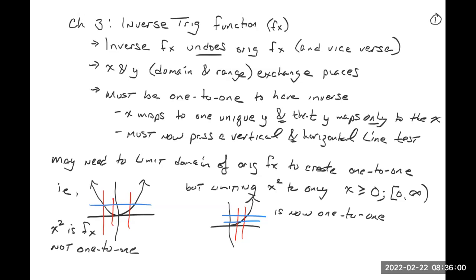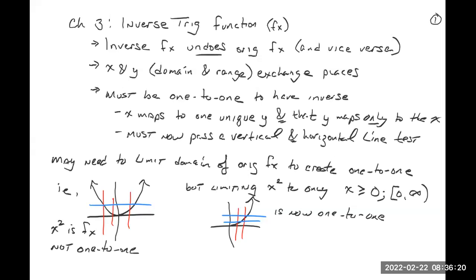Now, we can sometimes do this. We can limit the domain of our function so that we create a one-to-one situation. And I did that here with x squared, by only allowing the input from 0 toward infinity.